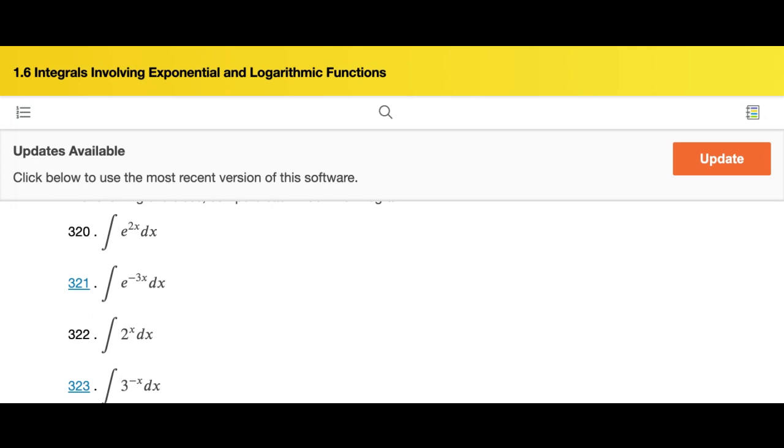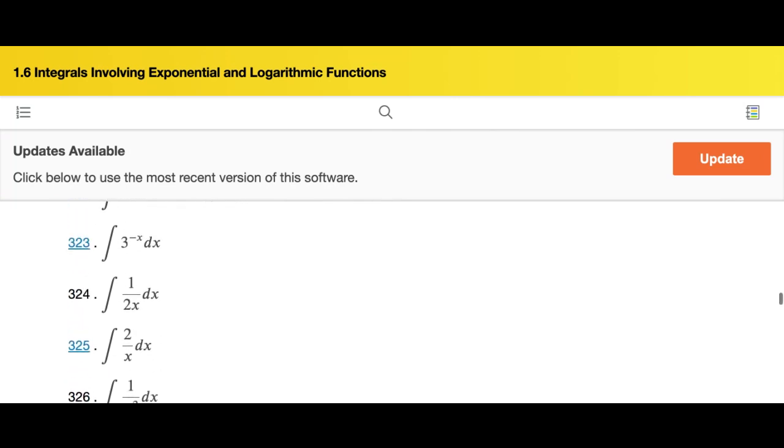Will you post the homework? Yeah, I will. I will post on Blackboard and also on my Open Math, so you know exactly what to do. So this is 1.6, 321 up to.